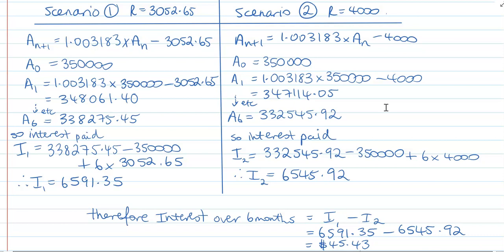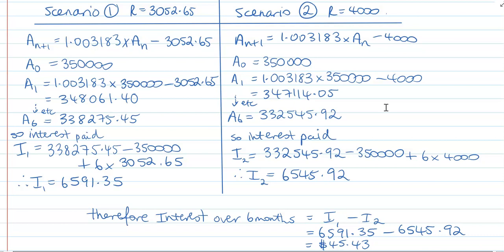Now this doesn't seem like a lot of money, but over a 30-year period of a house loan, those repayments can make a significant difference in the amount of interest you pay the bank. Because looking at the interest paid over the period of 30 years would mean that you're examining 360 recursions.